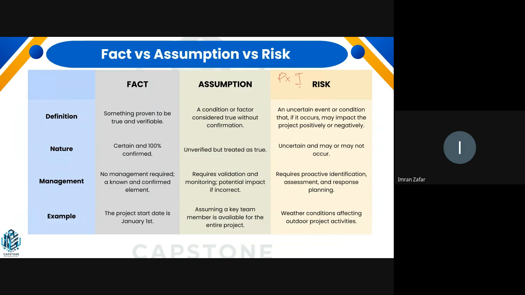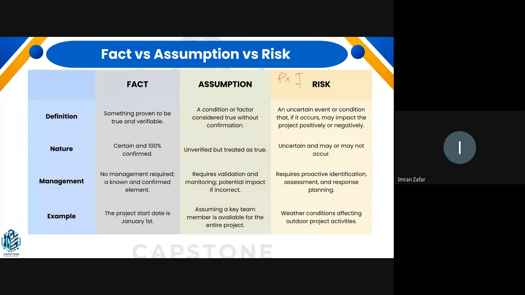And for managing those risks, versus how we manage our assumptions: we keep monitoring our assumptions to see whether they are still true or not. And if our assumptions go otherwise, then obviously we need to do something about it.